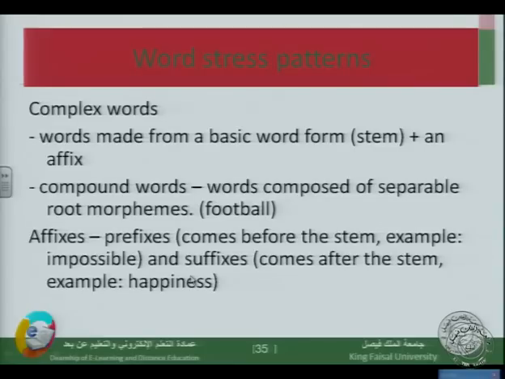Also, we have talked about word stress patterns in the last two classes, about complex words, and we said they are words made from a basic word form, which is a stem or root, plus an affix. This affix is a suffix or a prefix. So complex words consist of a root word or stem plus an affix.